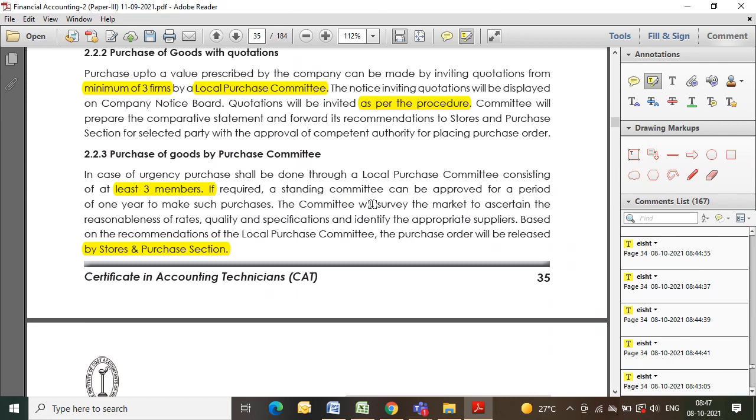How many members exist in a purchase committee? How many quotations are required? A question can also come that the purchase order is released by which section? Purchase section, store section, stores and purchase section, or invoice section. There is also the account section. So please remember it is stores and purchase section.